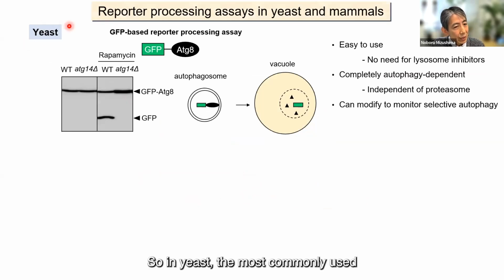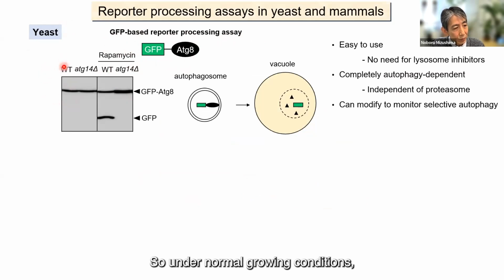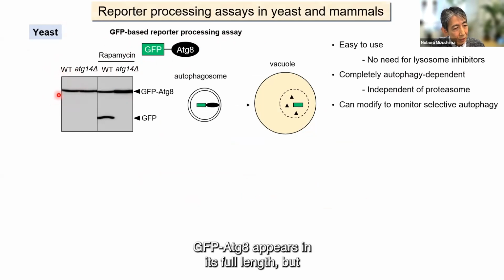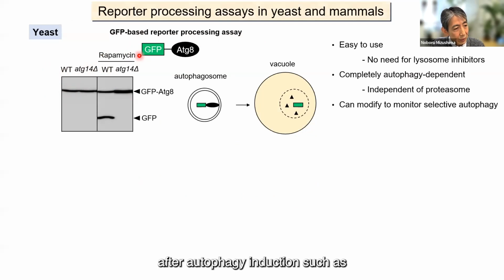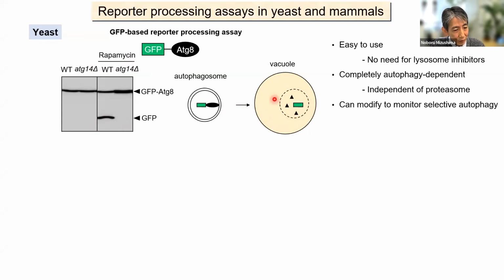In yeast, the most commonly used autophagy flux assay is probably the GFP-based reporter processing assay, for example, using GFP-ATG8. Under normal growing conditions, GFP-ATG8 appears in its full length. But after autophagy induction, such as by rapamycin treatment, a free GFP fragment appears. This is because GFP is relatively stable inside the vacuole.